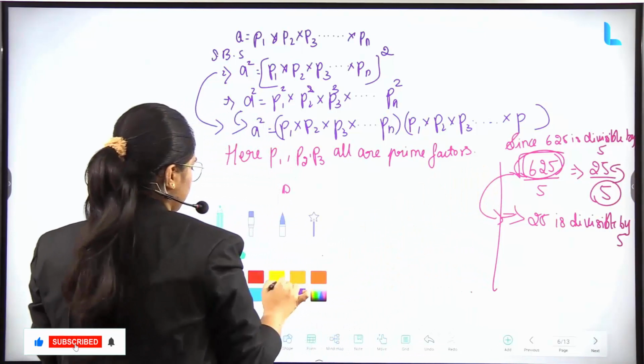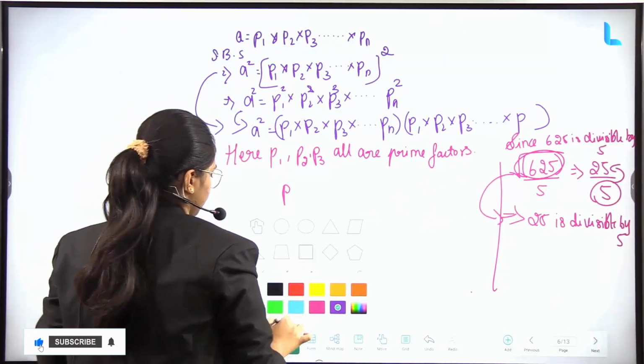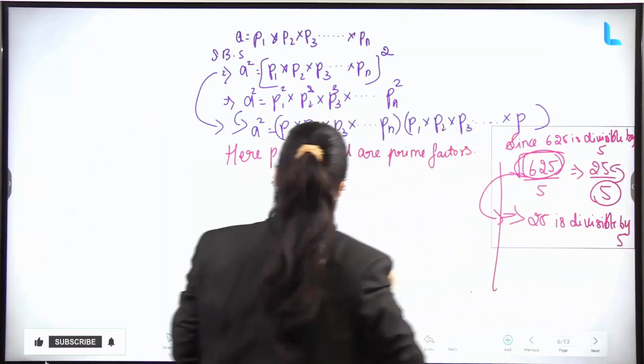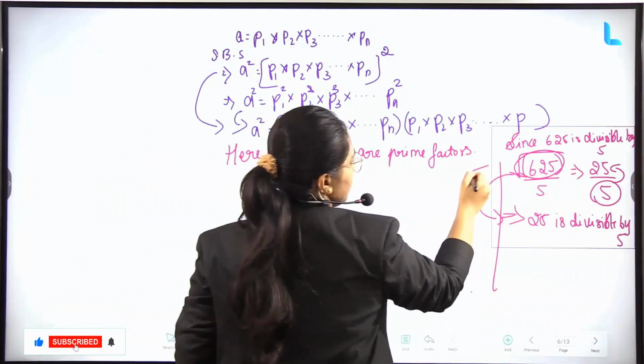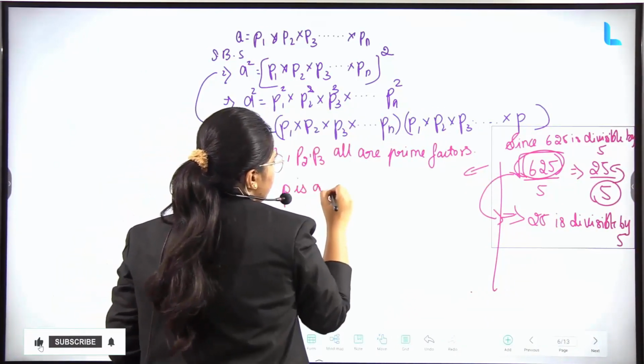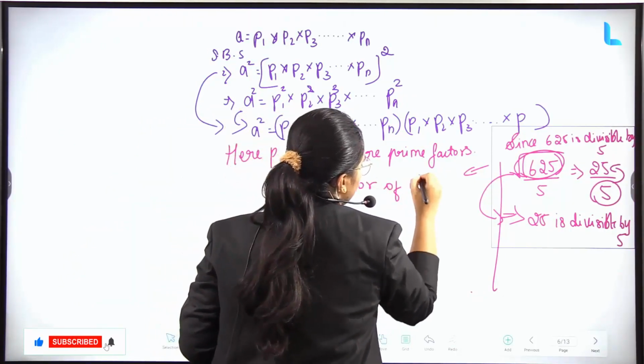Based on this, now we are trying to write this. P is a factor of A square.